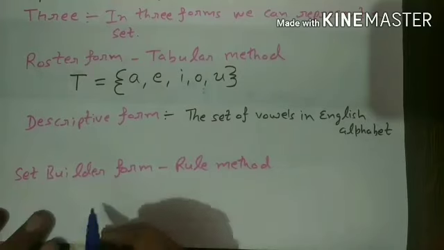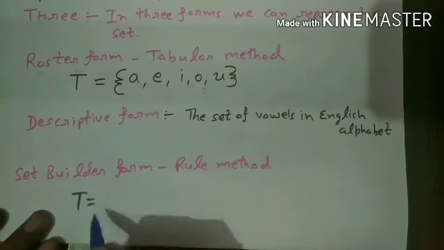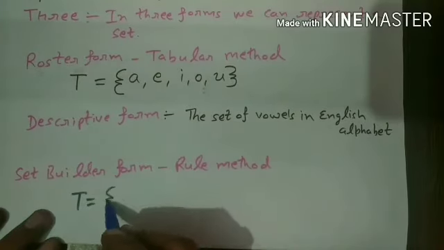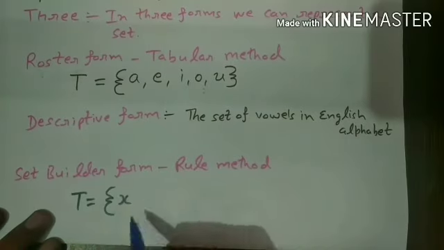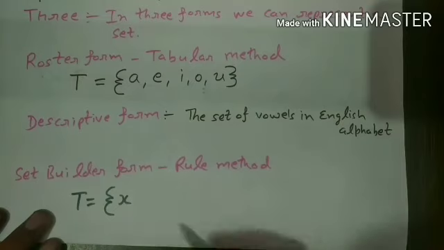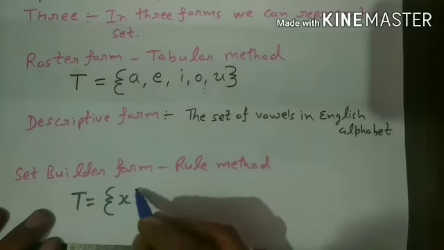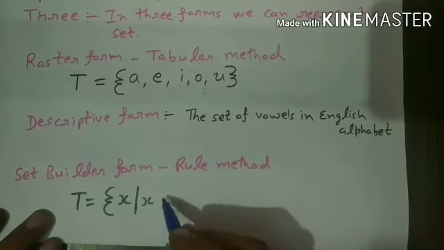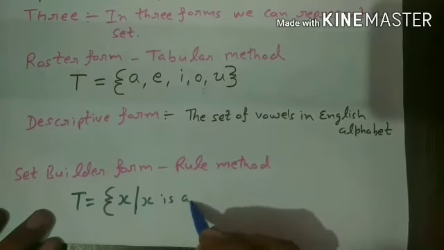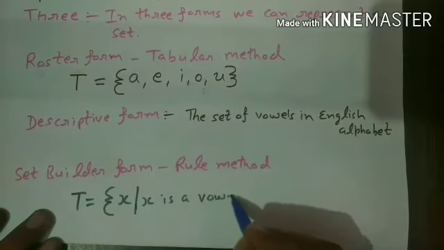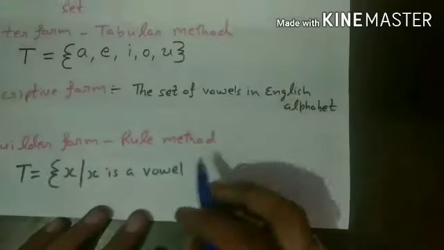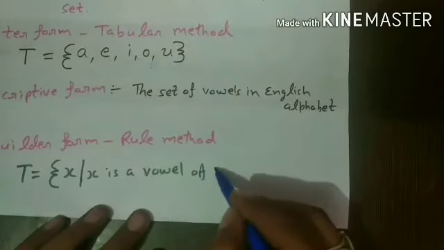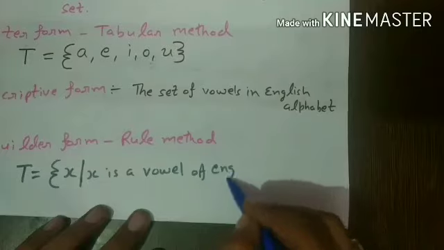So I will write: T is a set where a member is X. X is a variable; you can write any other variable also. X is that type of member. So T equals X such that X is a vowel of the English alphabet.